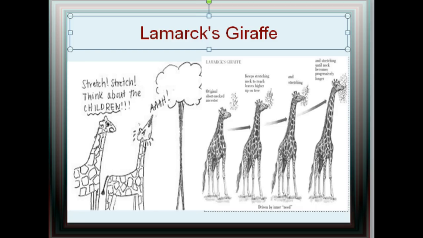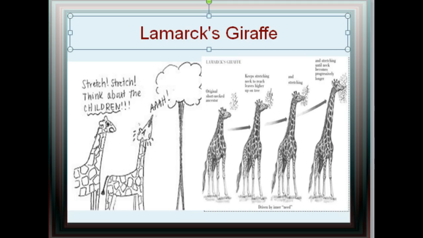Let's look at the classic example of Lamarckian evolution, the giraffe. When giraffes first appeared on the earth, they had short necks. Can you guess why? If you said it's because that's where the food was located, you'd be correct. However, over time the lower hanging food source disappeared.